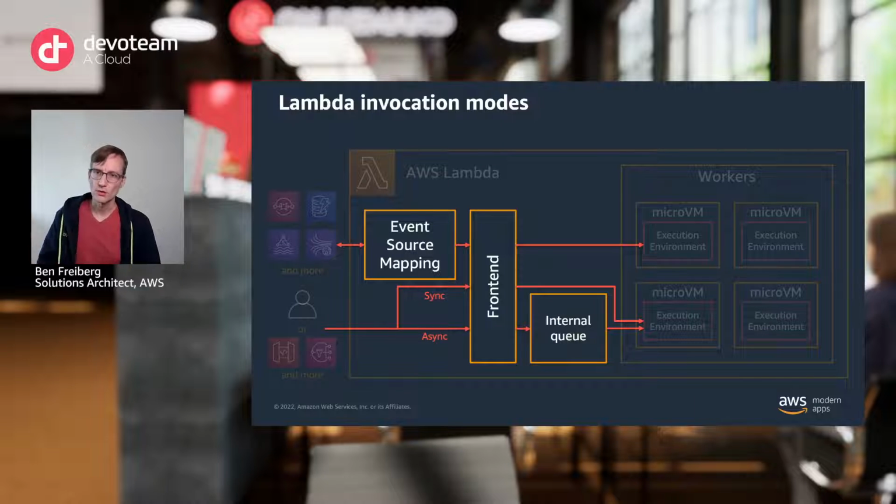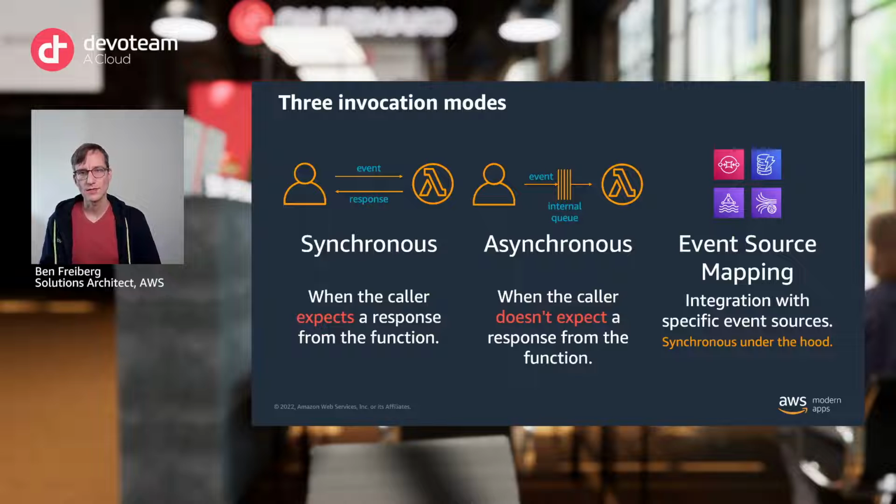And these components map exactly to the three different modes in which your Lambda function can be invoked. So there's the synchronous and the asynchronous request, and the integration with event source mappings. Now we're going to look at each of them in a bit more detail.